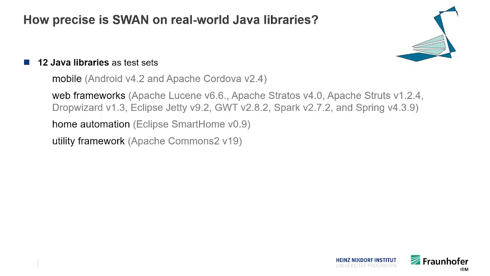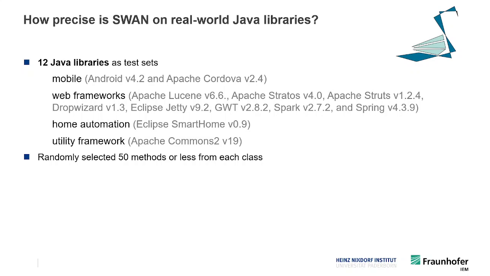Then we also had one example from home automation, Eclipse SmartHome, and one utility framework from Apache. All these 12 frameworks we individually take as testing sets for SWAN. From each framework and from each class, by class we mean here source, sink, or any of the vulnerability classes, we randomly selected 50 methods, or fewer if fewer were classified, and then we manually classified them.